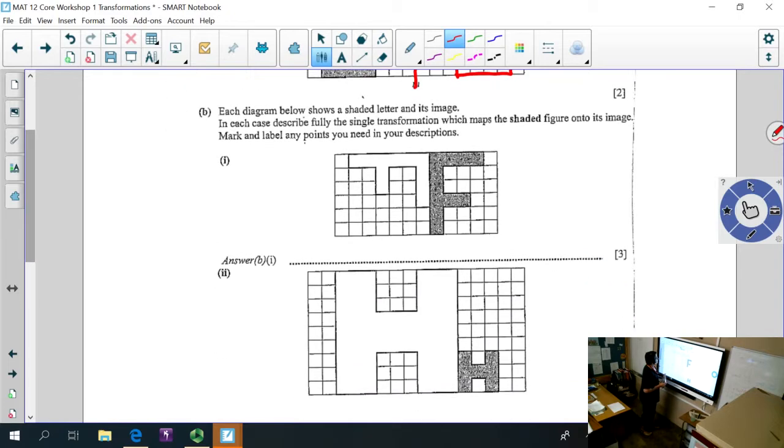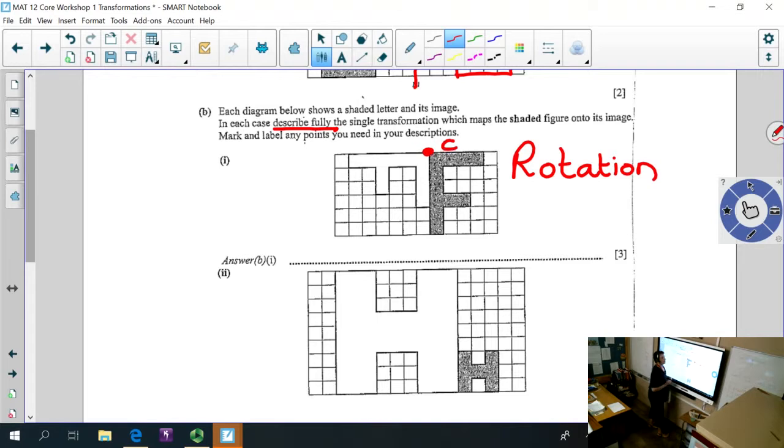The next one is the letter, and it shows a shaded letter, and this is the image. You must also read that carefully. In each exam, we get that question. Describe fully the single transformation which maps the shaded one onto this one. So this we can see is a rotation. This is a rotation, and my center sits here.